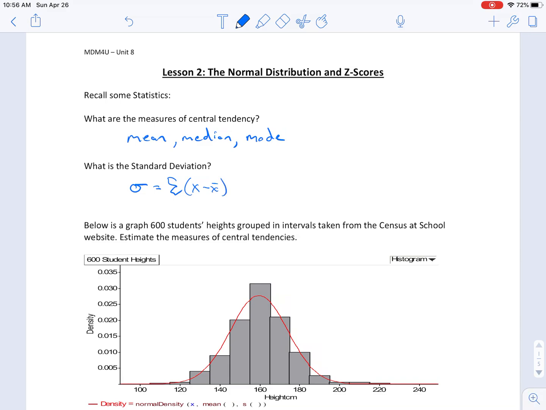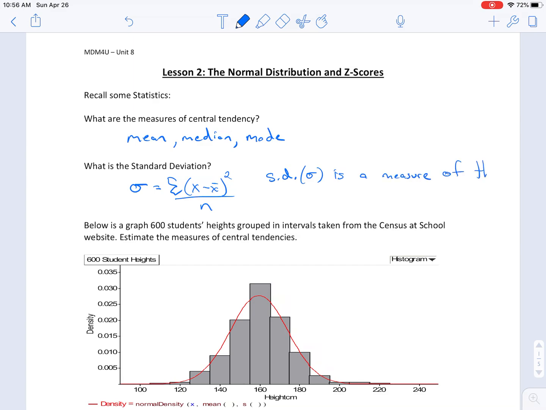And we use this sigma symbol there for standard deviation, and it takes each data point x and subtracts the mean from it and then squares it and divides by the total number of points. You're not necessarily going to use this formula a lot, but it's just good to remind ourselves.